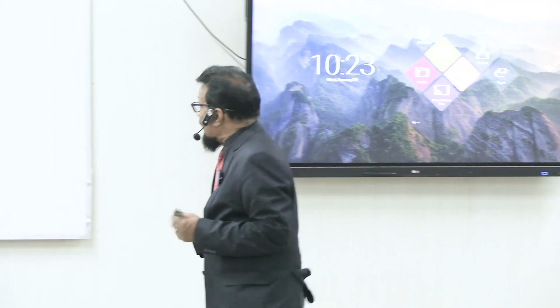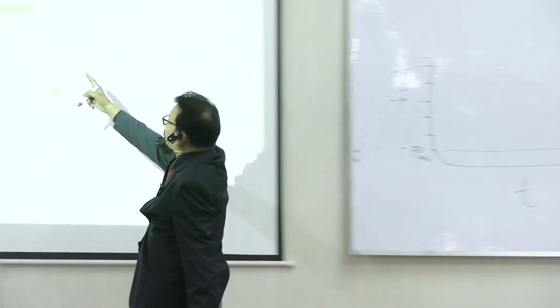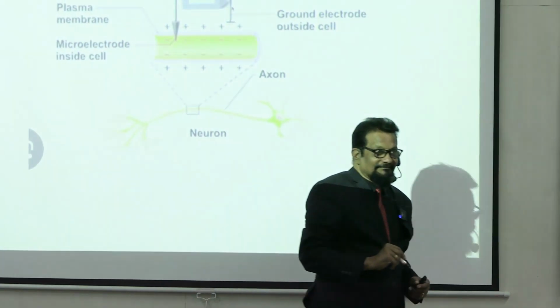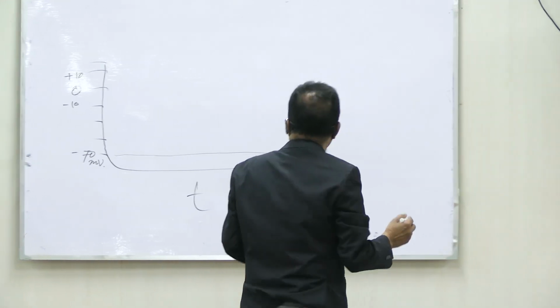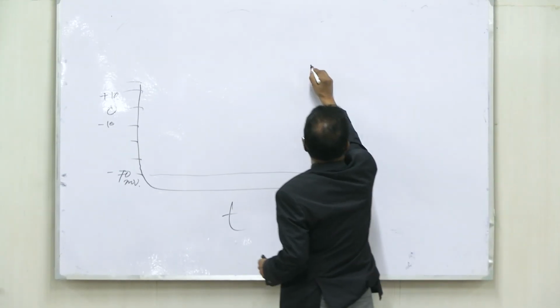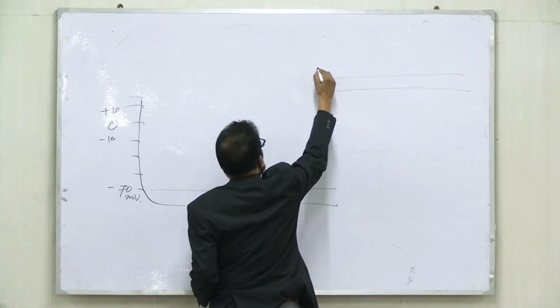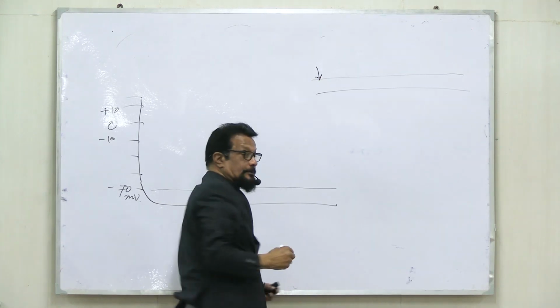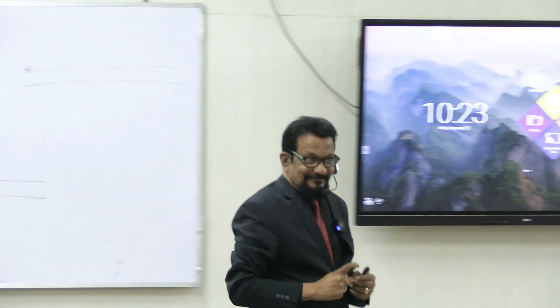Now what I am doing, I am going to stimulate this nerve with electrical stimulation. So this is the nerve and this is stimulation. Now what is stimulation? Let our concept be clear.